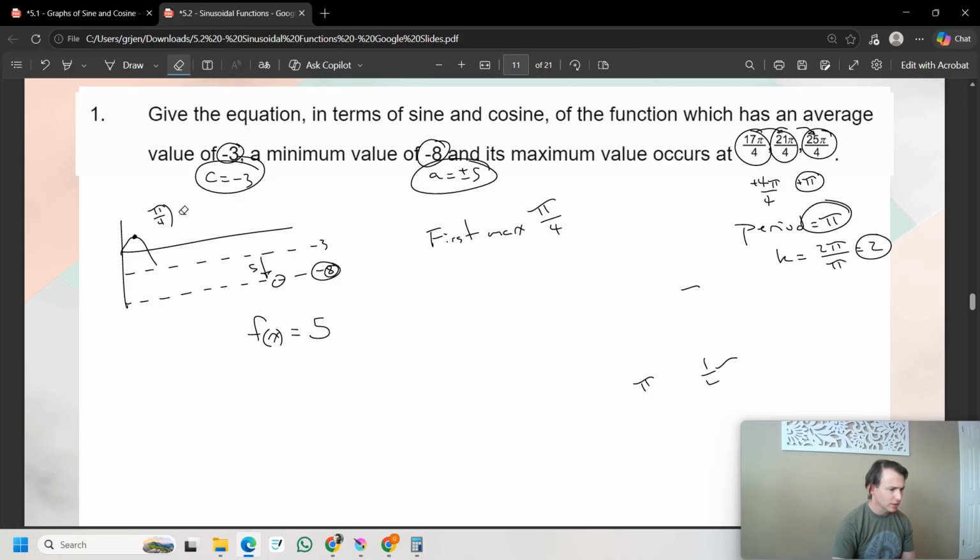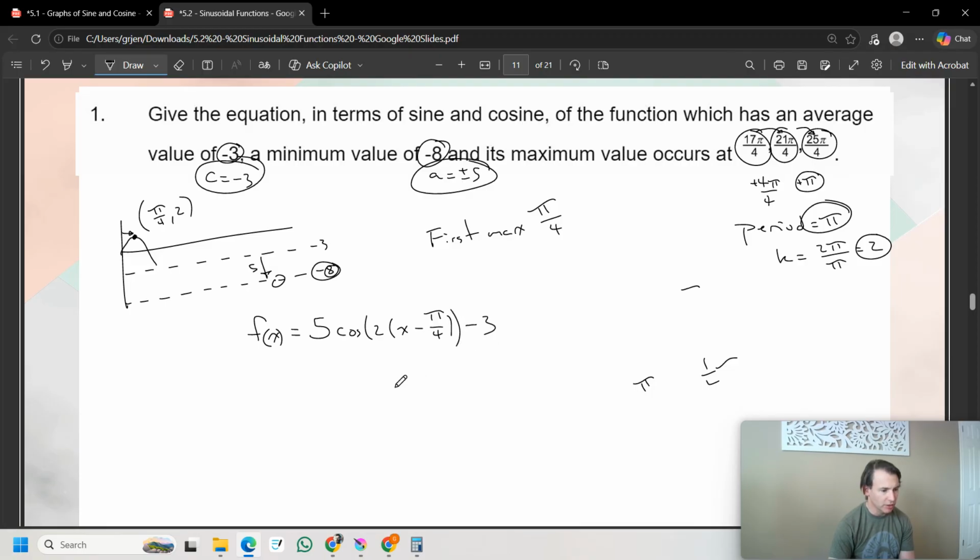Pi by 4 is the x and 2 is the y. And that's our first max. So f of x is equal to 5 cosine of k is 2, x minus pi by 4 because we shift it that way. You just put that in for d. And then we have -3 for c.